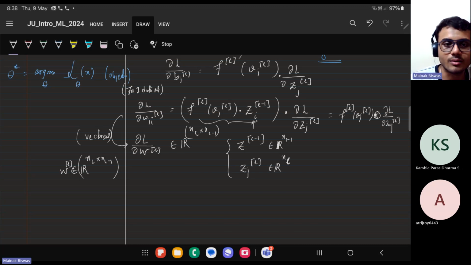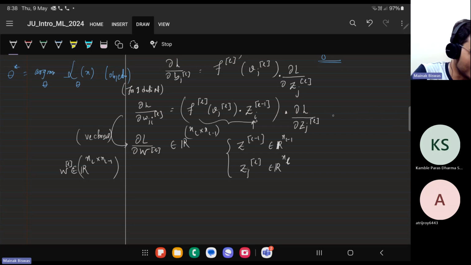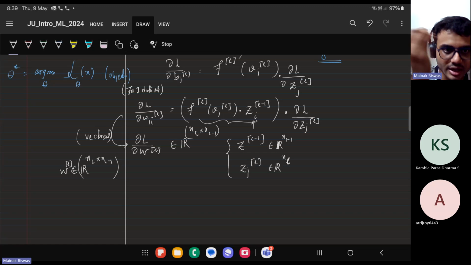Okay, did you listen to what I was saying? I think you fell out of the call. So the dimension of W is the number of equations that W will give into the number of unknowns it will get, right? So the previous layer will give it NL minus 1 inputs and it will give NL outputs, right?